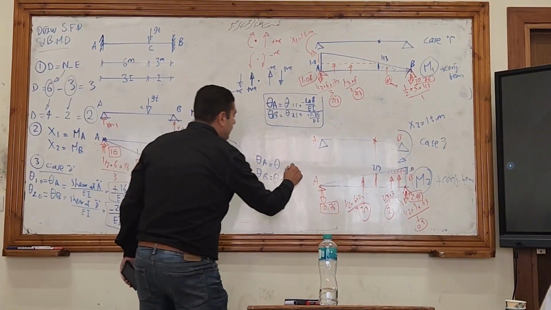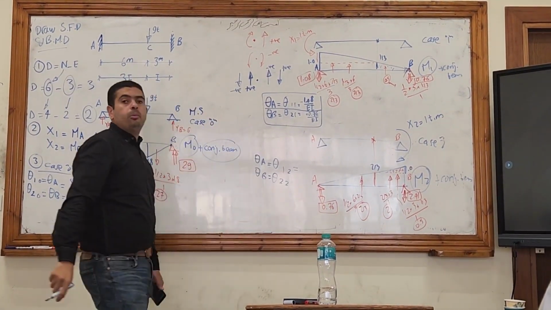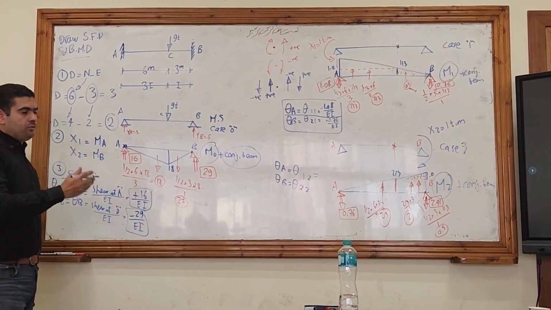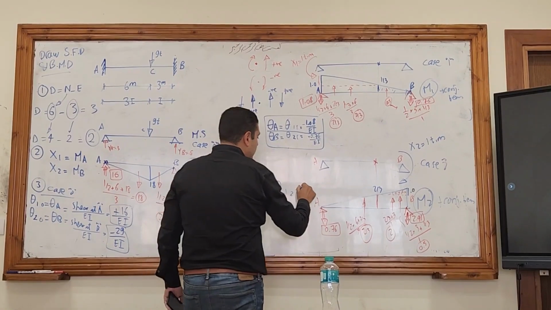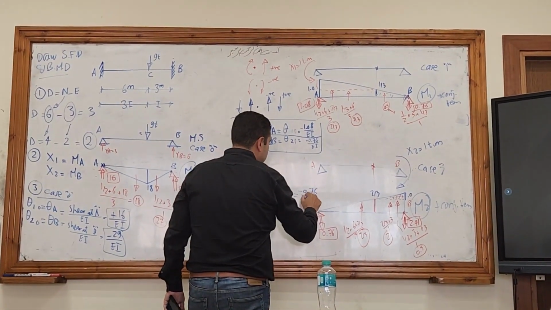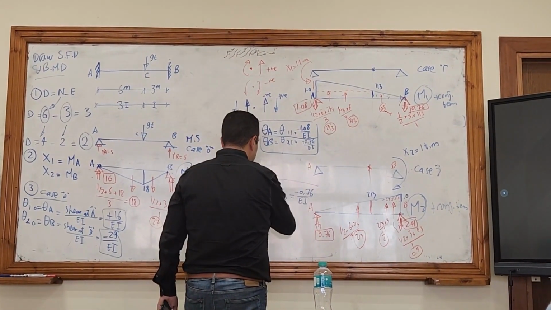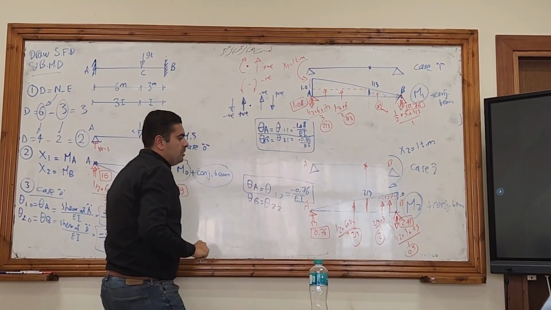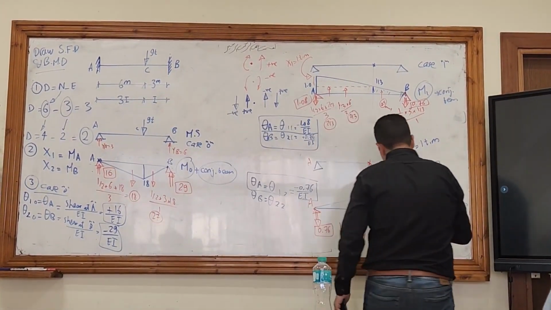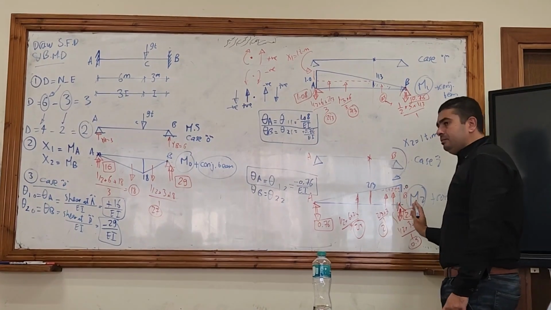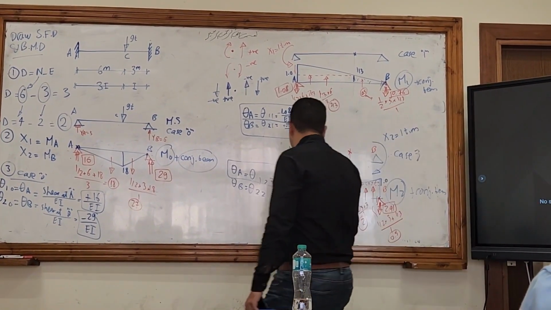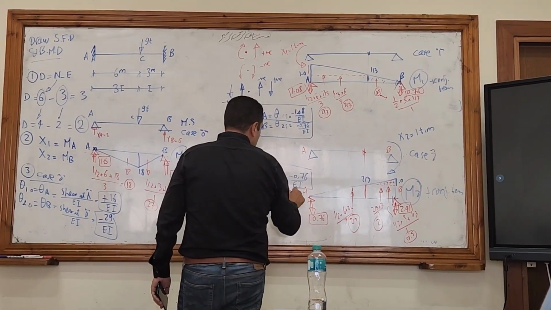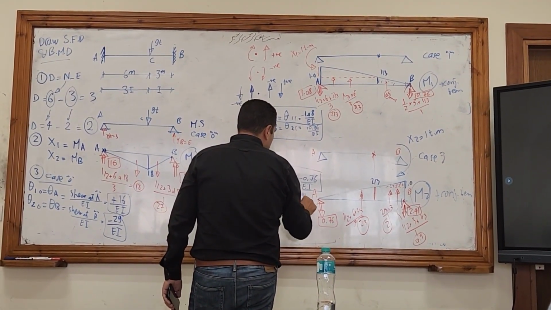What's the shear at A? 0.76. It's from the left and downwards, so negative 0.76 divided by EI. Shear at B, it's from the right downwards, so positive 2.41 divided by EI.